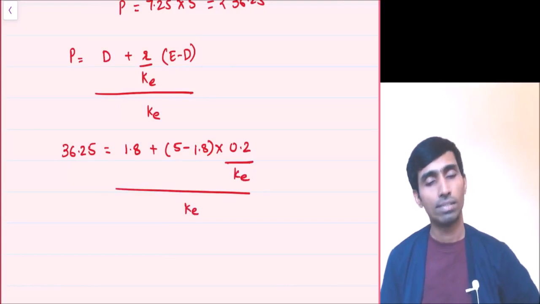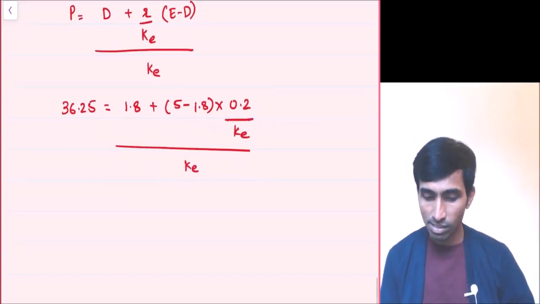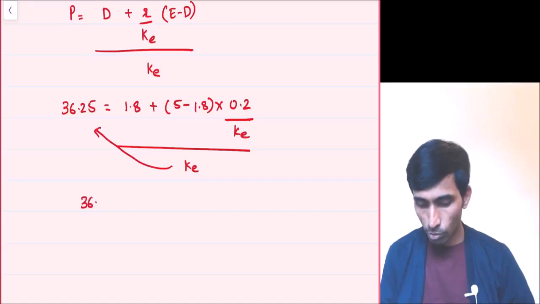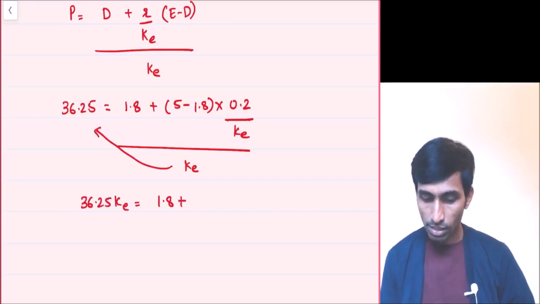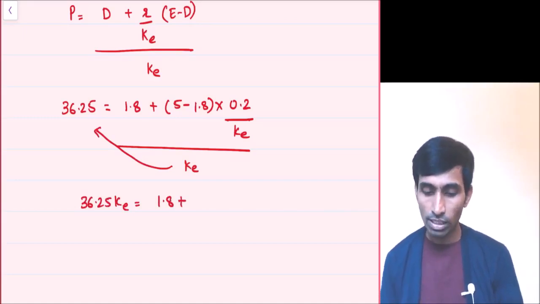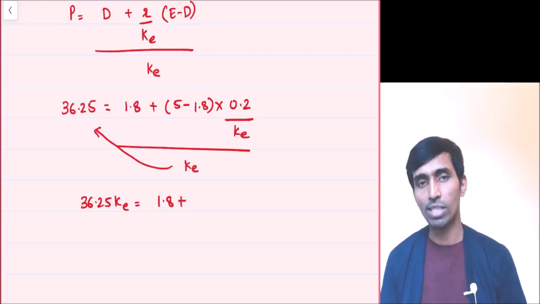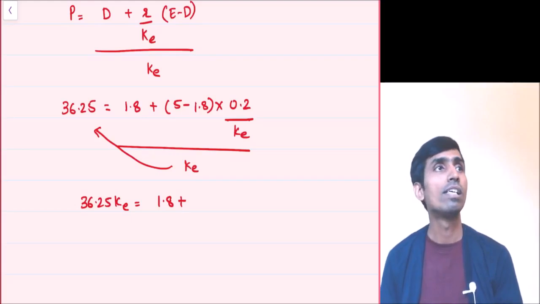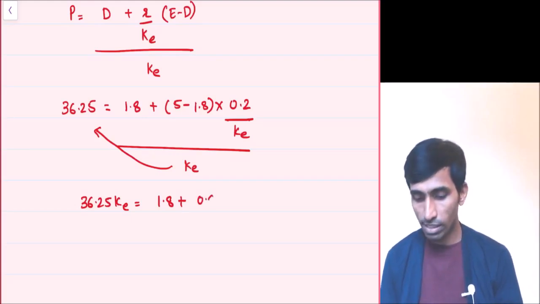So in simple terms, if K goes here, it becomes 36.25 K is equals to 1.8 plus you have to multiply 0.2 into 5 minus 1.8, that is 0.64 upon KE.